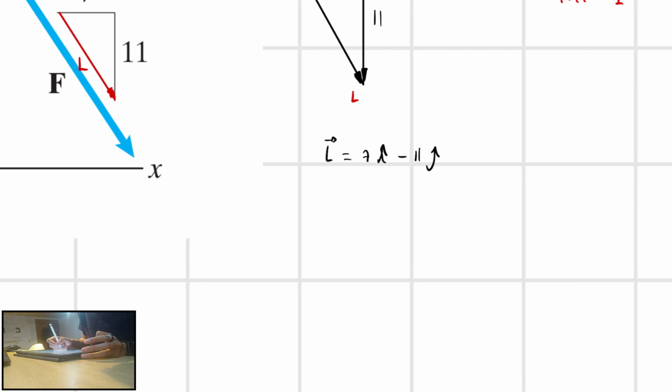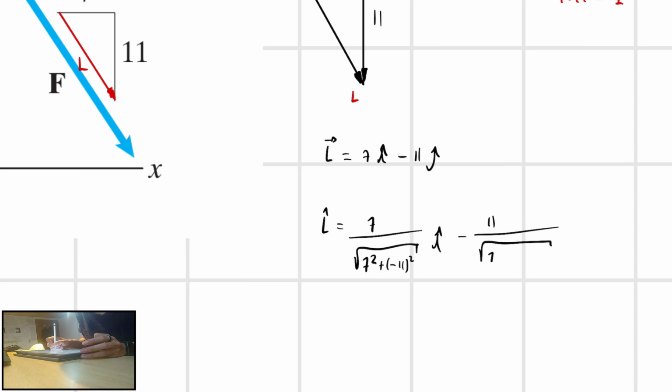Now we're going to find the unit vector of L. It is given by 7 divided by the square root of 7 squared plus (minus 11) squared in the i direction, minus 11 divided by the same thing, the square root of 7 squared plus (minus 11) squared, along the j direction.